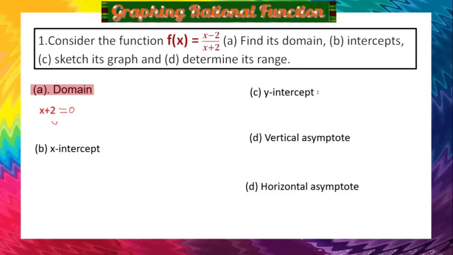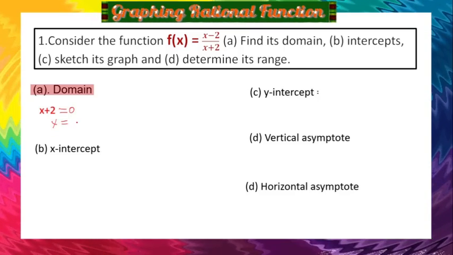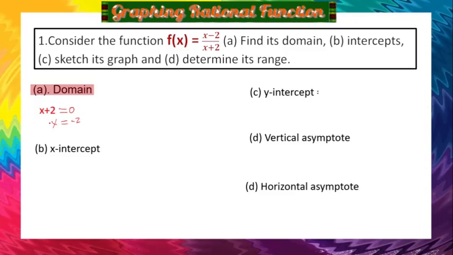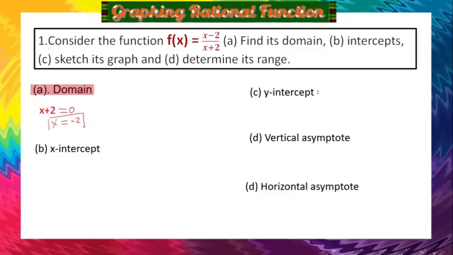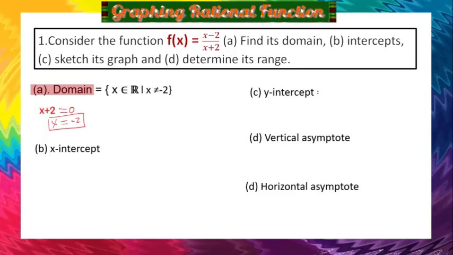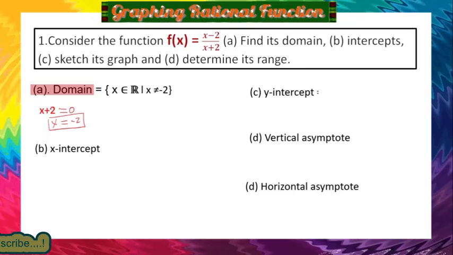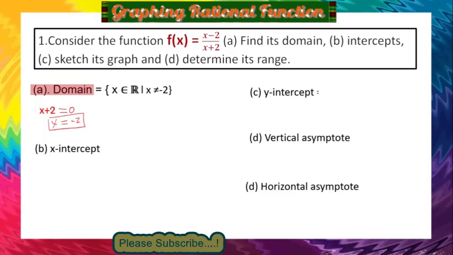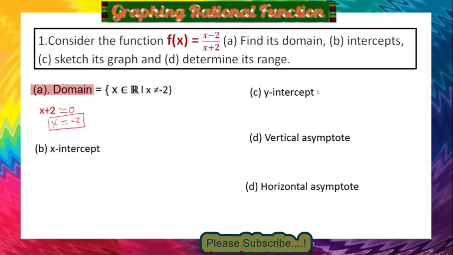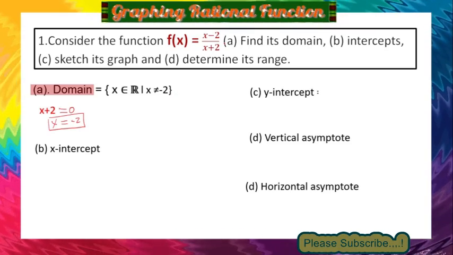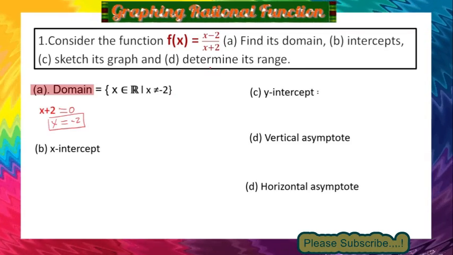So x equals negative 2, which means that the domain of our function is all real numbers except x equals negative 2, because if the value of x is negative 2, the value of our function is undefined.